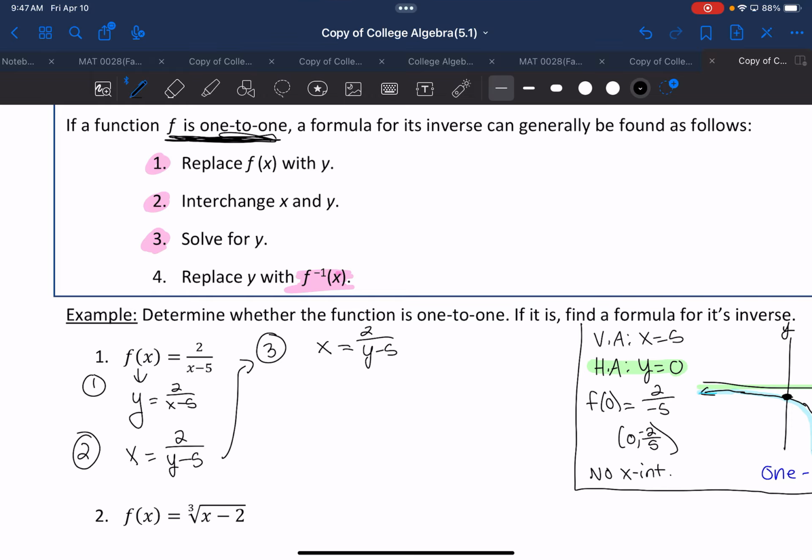Now remember when we learned how to solve rational equations? The first thing we wanted to do is get rid of our fraction, right? We don't like fractions. And the y is in the denominator, so I definitely need to get it out of there. Do we remember how we cleared fractions?